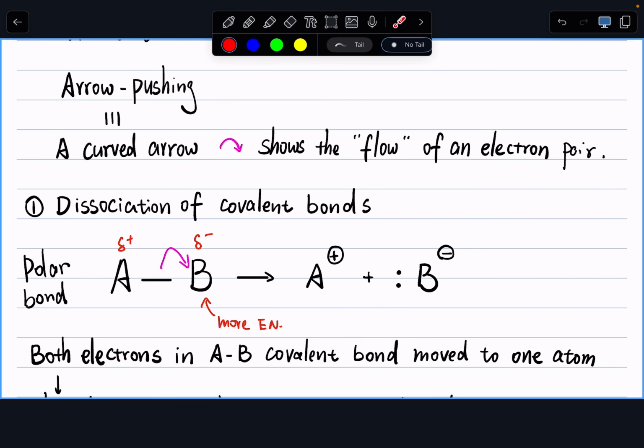So the result will be a cation on A, and your B will be an anion, since your B is more electronegative.